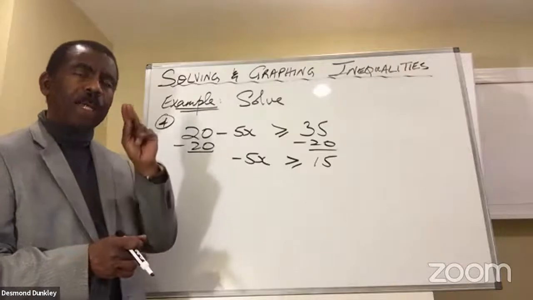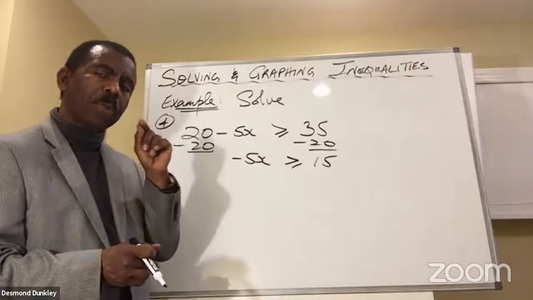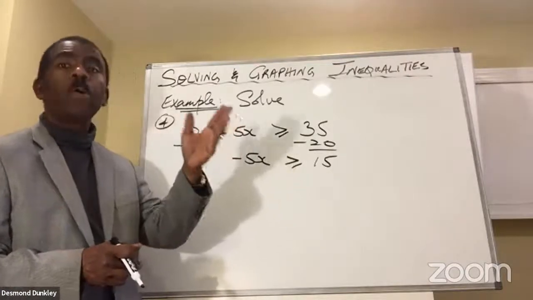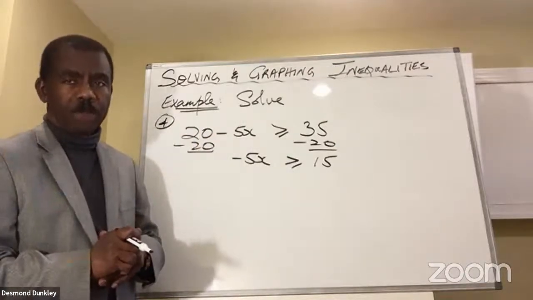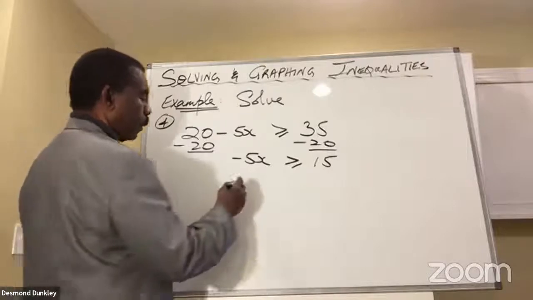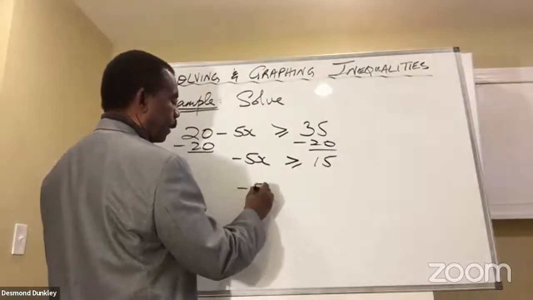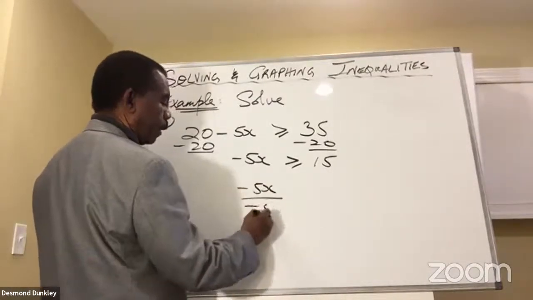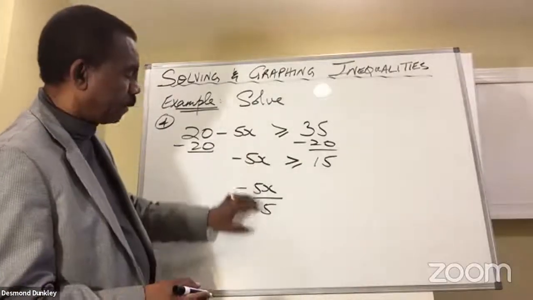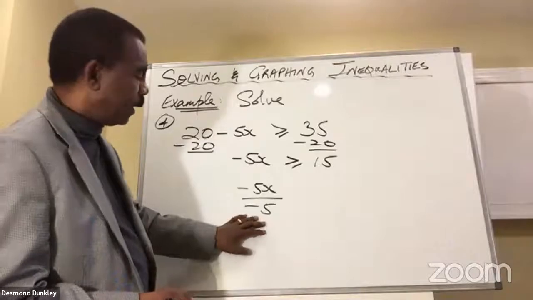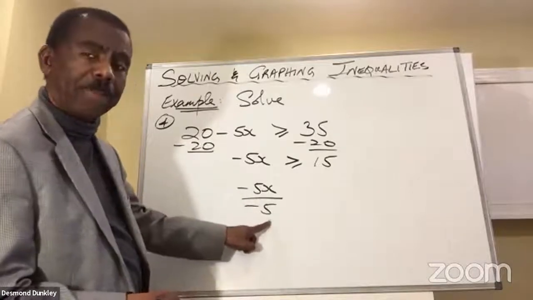Either way, as long as you're using a negative number to multiply both sides or to divide both sides, the inequality will change to the opposite. So when you divide by negative 5, I always recommend that you skip this line and come to this to show your division, so you can show that you're dividing by negative 5.